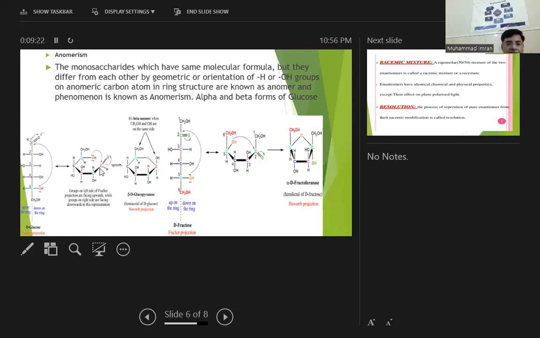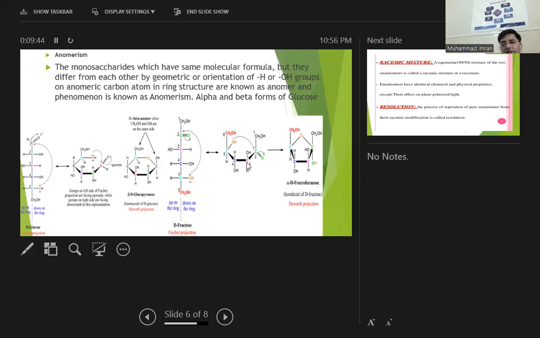So if the orientation of the radical on the first carbon is in the upper direction, this is known as cis configuration. This is known as beta glucose. And if the orientation of the sixth carbon and first carbon changes to trans configuration, this is known as alpha form. It means the hydroxyl group is in the downward direction.